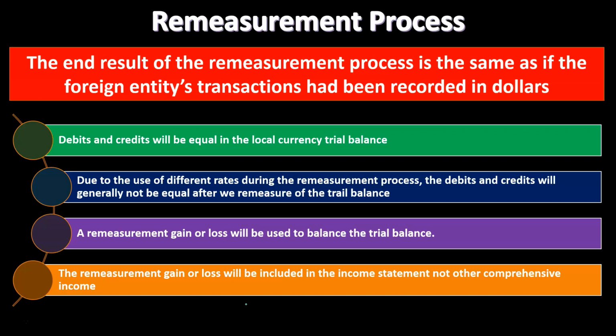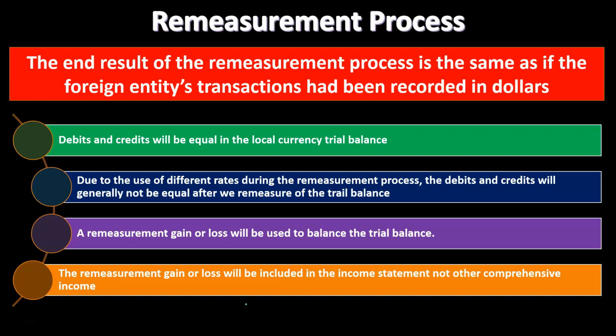We're basically saying, by putting it into other comprehensive income, we did our best to use the best rates, and we have this difference due to the different rates we're going to use, and we're going to put it into other comprehensive income so that you can see net income without this included in it, and then you can see the effects of the remeasurement process for translation. With the remeasurement process as opposed to translation, we're actually going to put it on the income statement. It'll be included in net income.